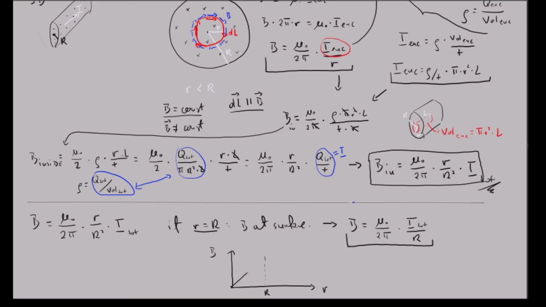So it increases until it reaches a certain maximum value. And that maximum value, by the way, would be this. The magnetic field is maximum at the surface. And then from this point on, the field decreases as 1 over r. It just falls away. This is 1 over r, and this is r.